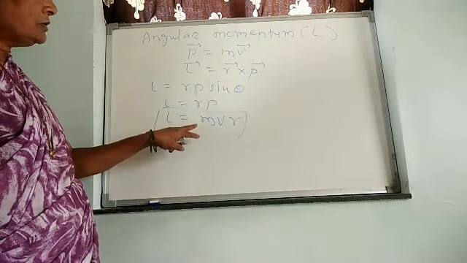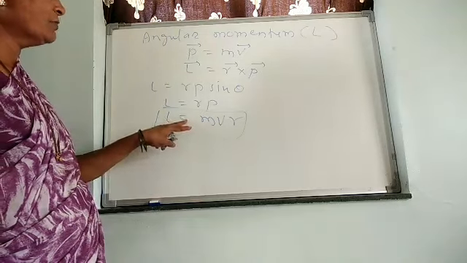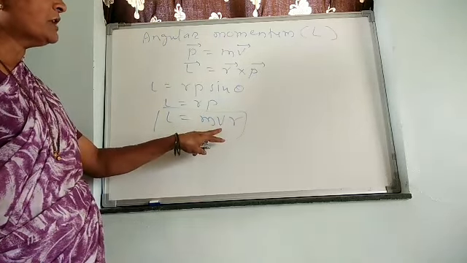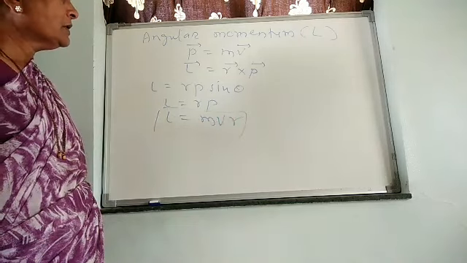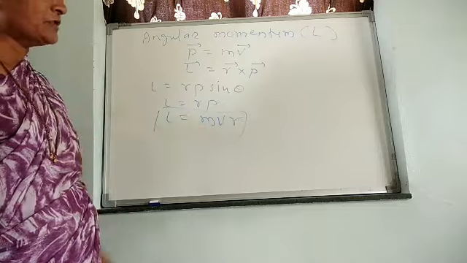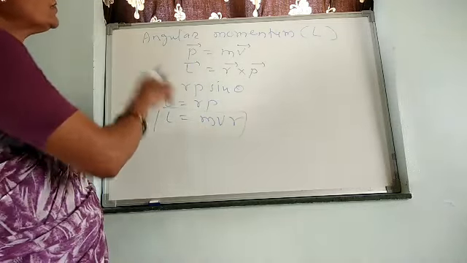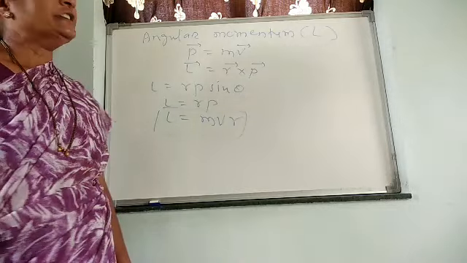In order to solve problems or our CET questions, it is very important, where m is the mass, v is the linear velocity, and r is the perpendicular distance from the axis of rotation. In this way, angular momentum is analogous to linear momentum.